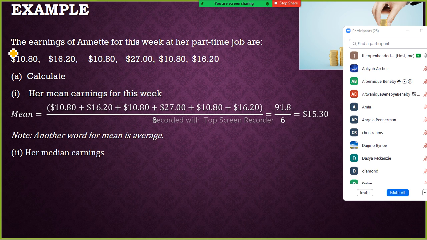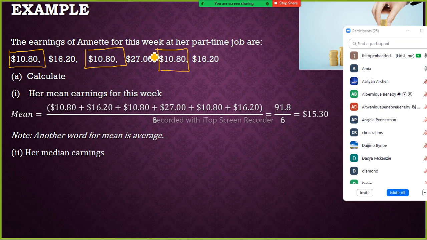So we're going to arrange these numbers from least to greatest. Which one are we going to start off with? 1080. So we have 1080 how many times? One, two, three times, right?